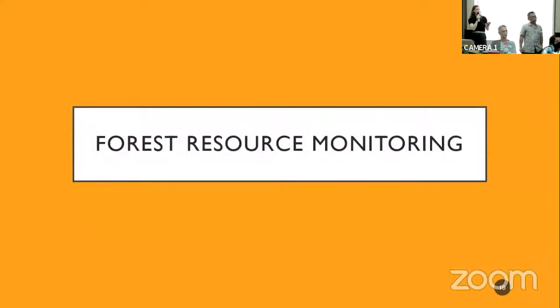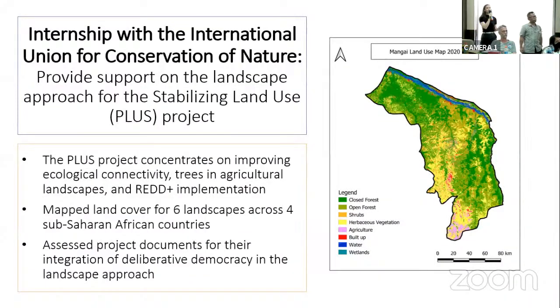So the project itself concentrated on improving ecological connectivity, integrating trees into agricultural landscapes, and REDD+ implementation. I personally was mapping land cover for 6 landscapes across 4 sub-Saharan African countries. You can see an example of one of the landscapes here in DR Congo.